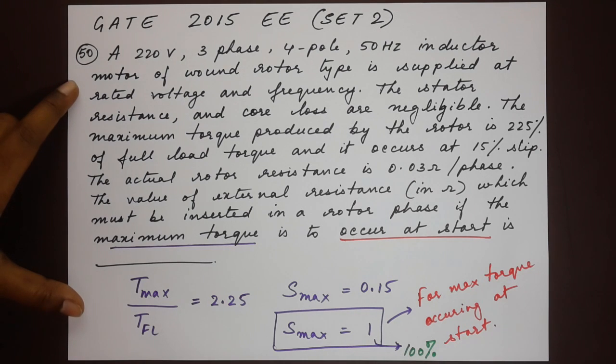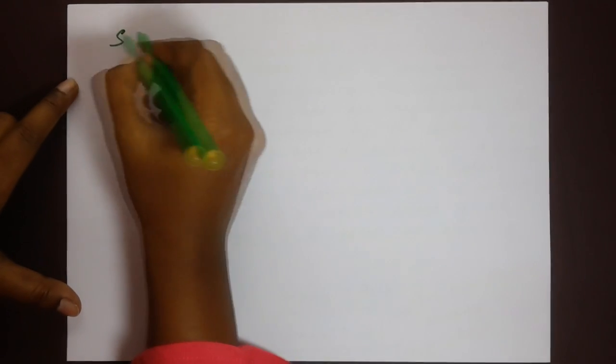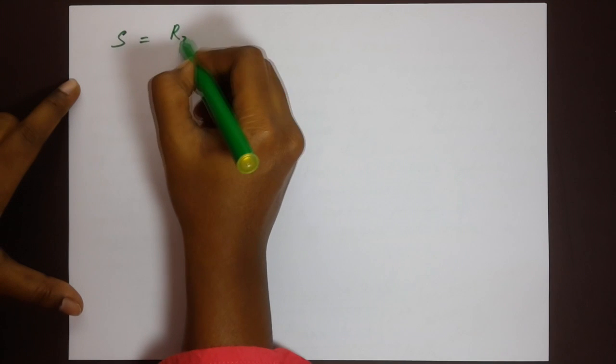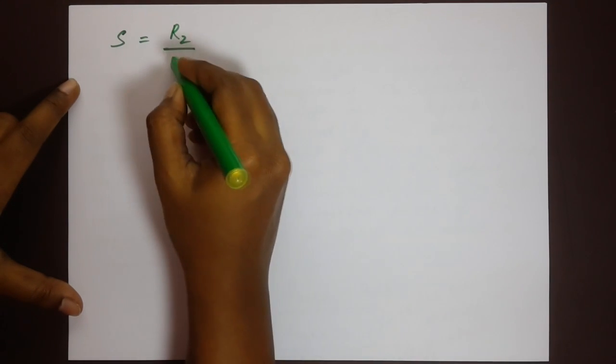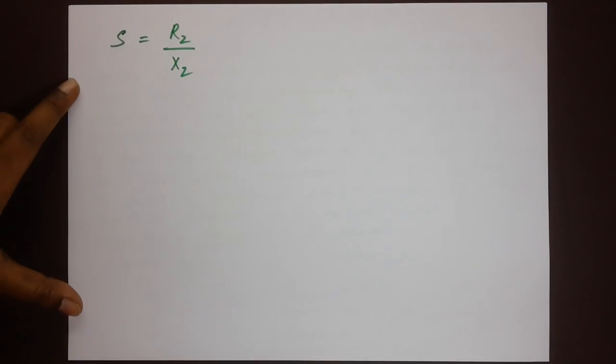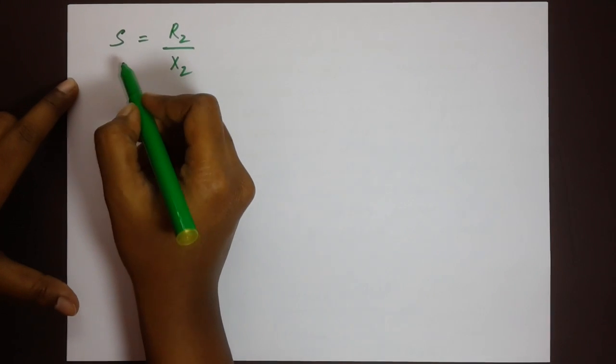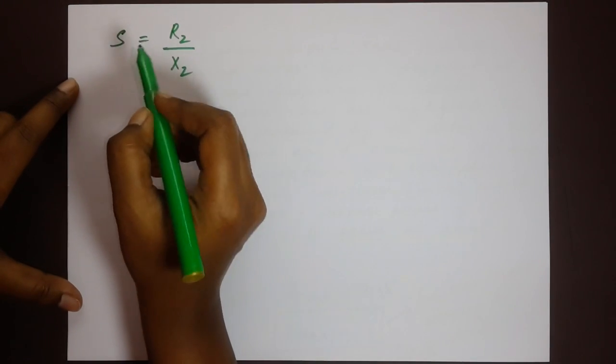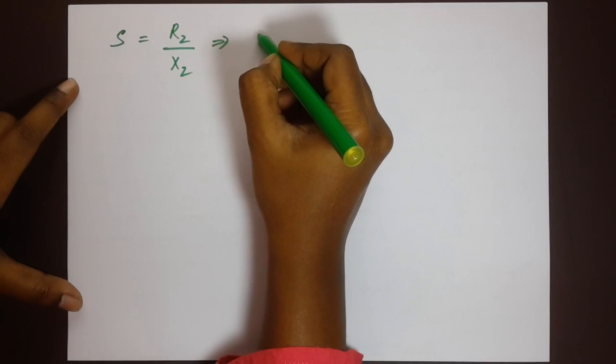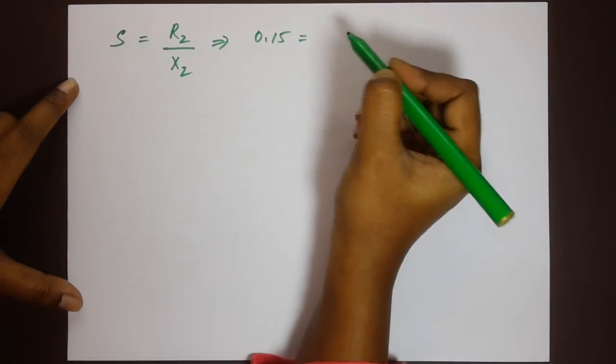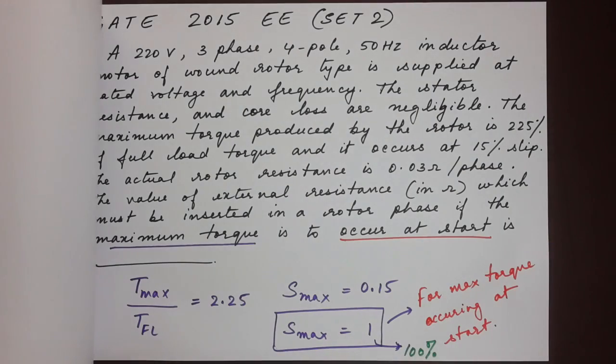What is the slip defined on? The slip is defined by the ratio of the rotor resistance to the rotor reactance. So the slip, in other words, is R2 by X2. Now the slip is given to us as 0.15. 0.15 is equal to, now the resistance value is given to us.